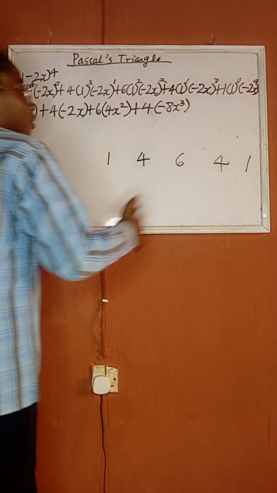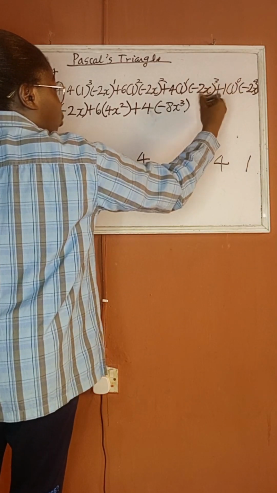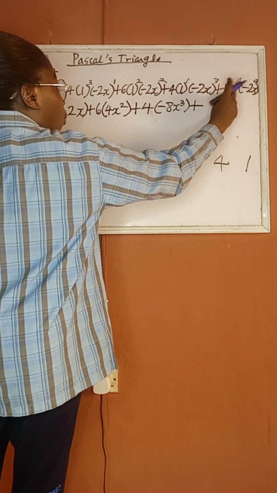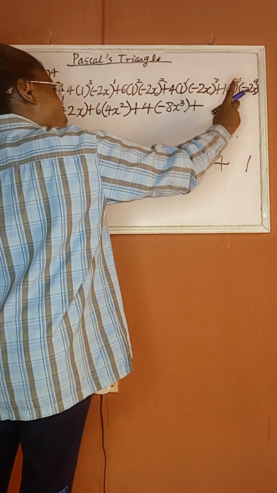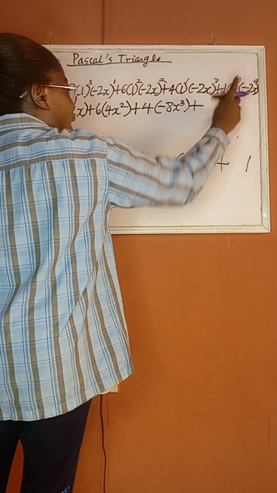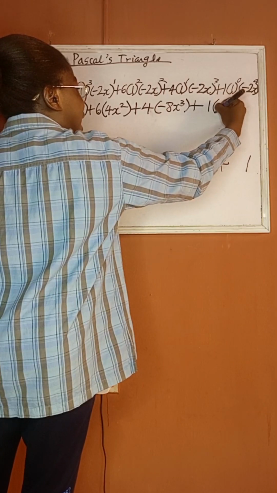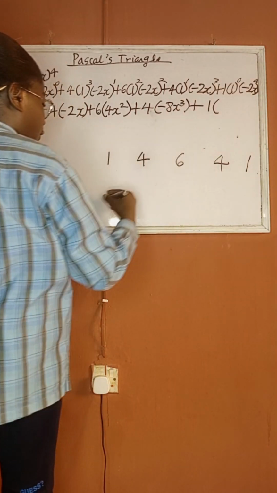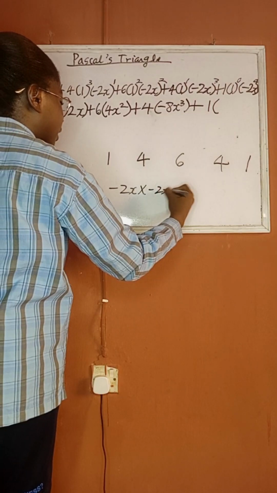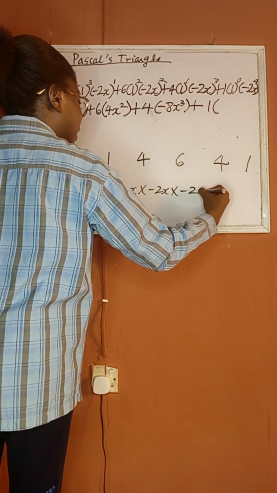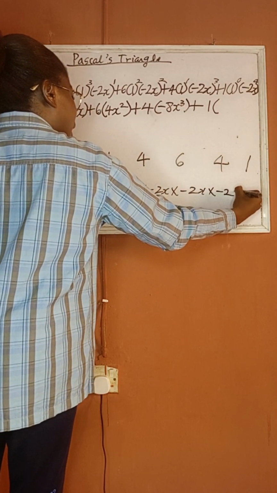Now on to the next one. Plus 1 all raised to the power of 0. I already told you that anything raised to the power of 0 is the same thing as 1. So 1 times 1 is going to give you 1, times minus 2x all raised to the power of 4: minus 2x times minus 2x times minus 2x times minus 2x.